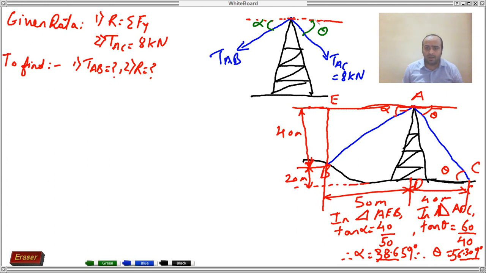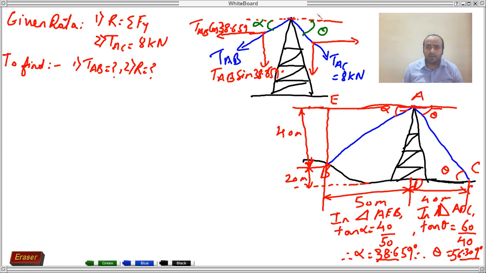Alpha is equal to this, and tan theta is equal to this. I'll be showing the resolved components like this. So here it will be T of AB cos of 38.659 degrees and T of AB sine of 38.659 degrees.